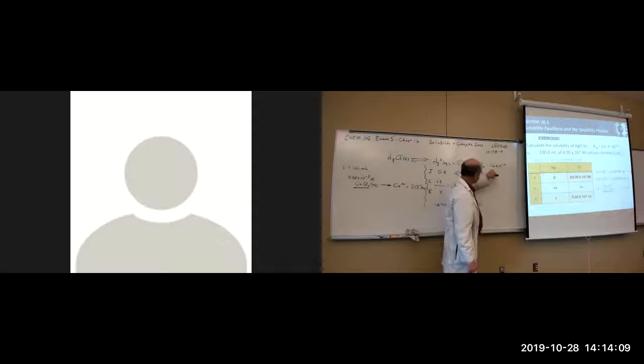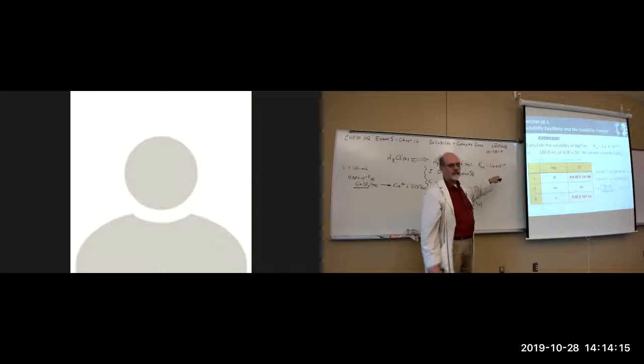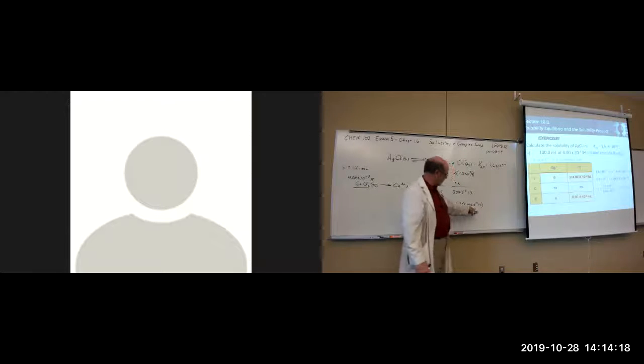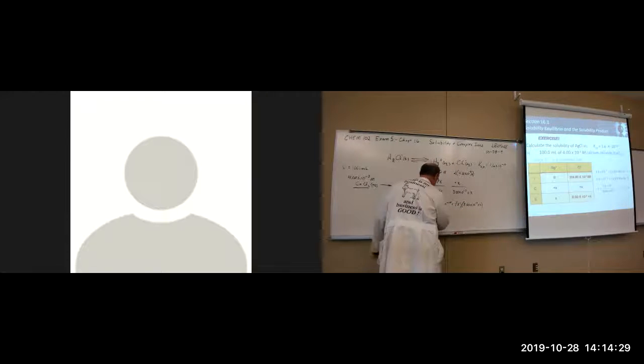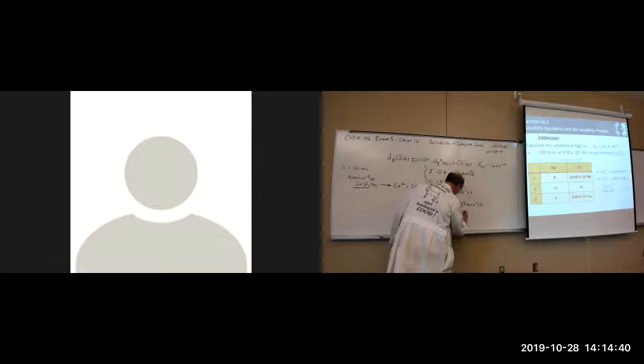So this times that equals that. The square root of 10 to the minus 10th is about 10 to the minus 5th. So 10 to the minus 5th is 100 times smaller than 10 to the minus 3. So X is probably so small that we can say 1.6 times 10 to the minus 10 is approximately equal to, if we take that one out, then it's just this one times this one, 8 times 10 to the minus 3 times X. And X then equals this one divided by that one.